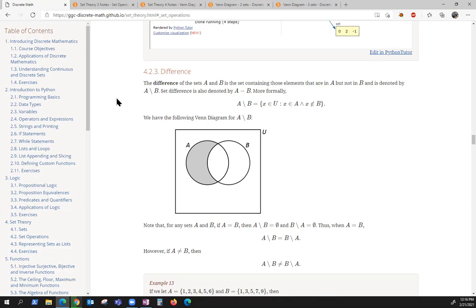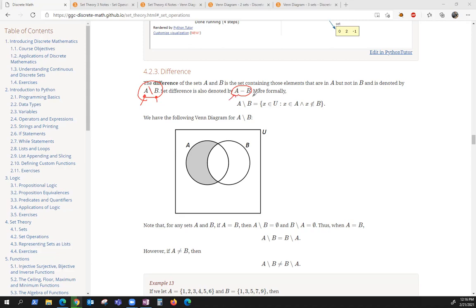So the set difference is basically like set subtraction. So we write it like this or like this. When you write it like this, that means everything in A, and you're going to take out everything in B. Here it's very explicit.